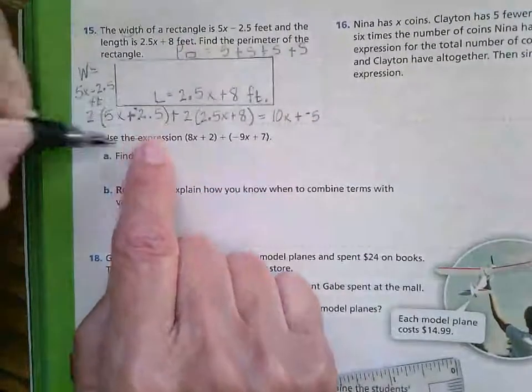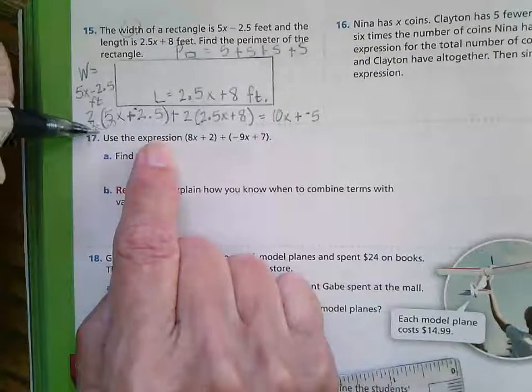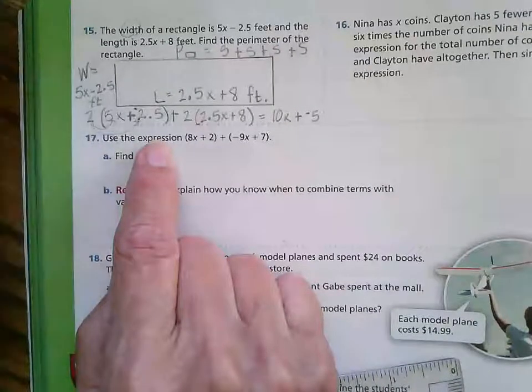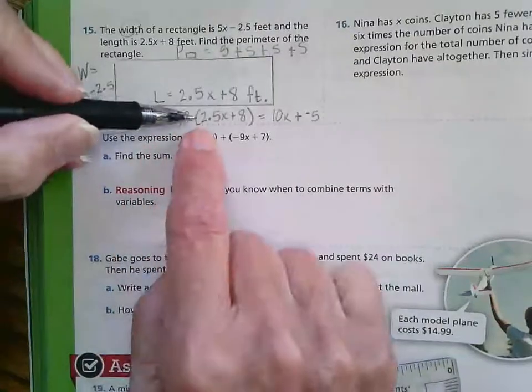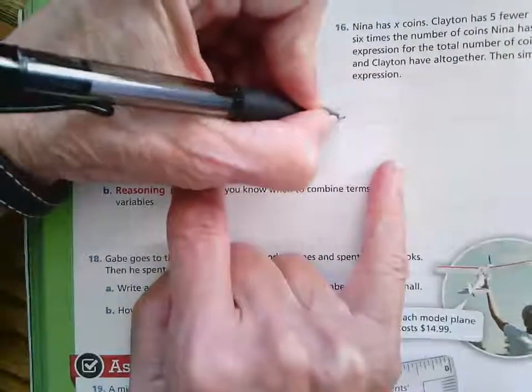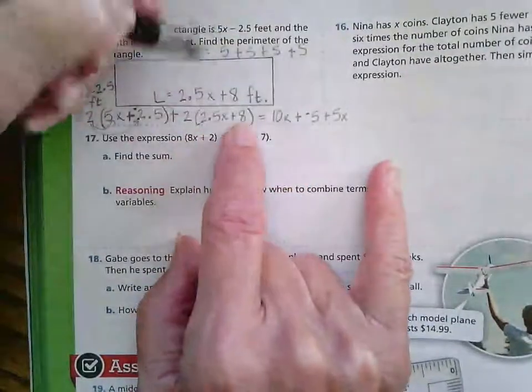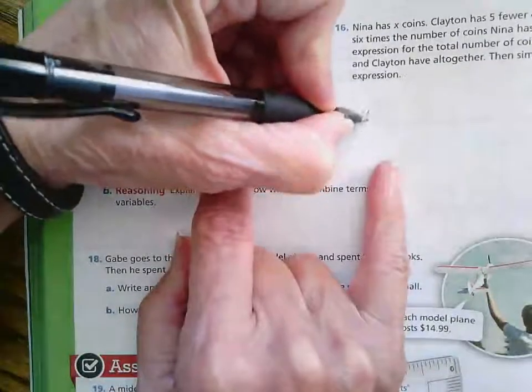So I've finished distributing this 2 to each of the terms inside the parentheses. Now I'm going to move over here. 2 times 2 5/10 x is going to give me 5x. And this is already positive. 2 times 8 is 16.